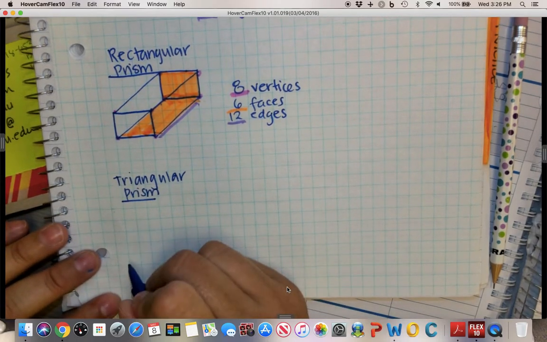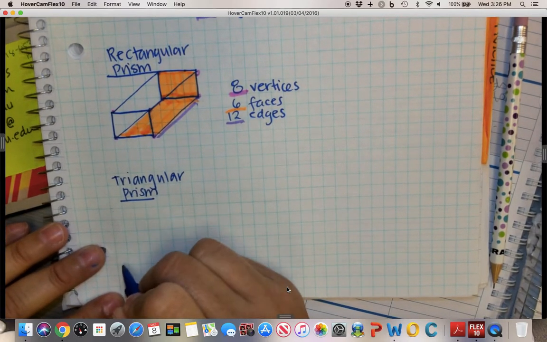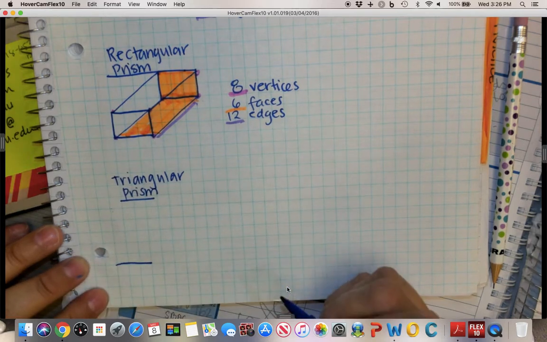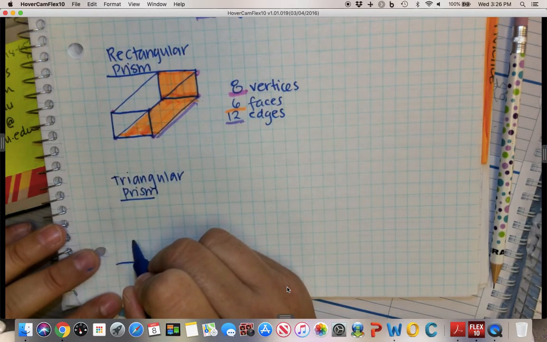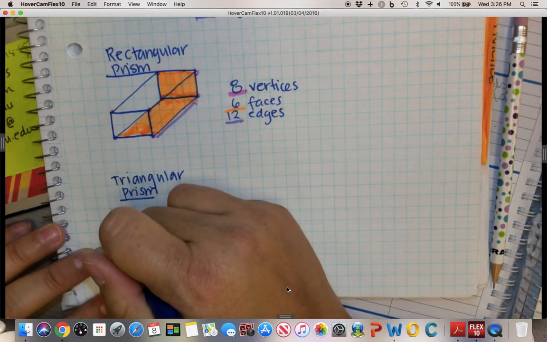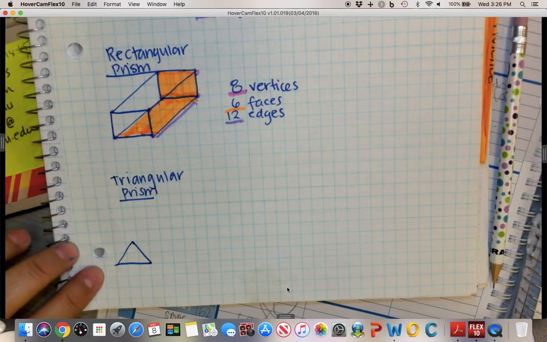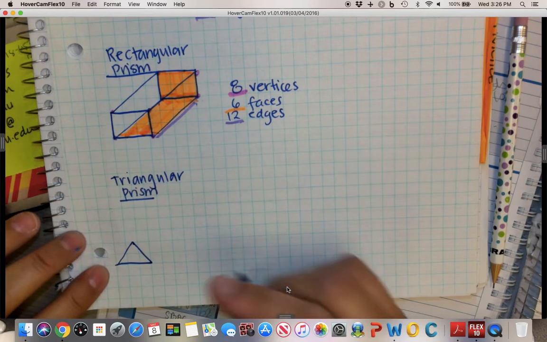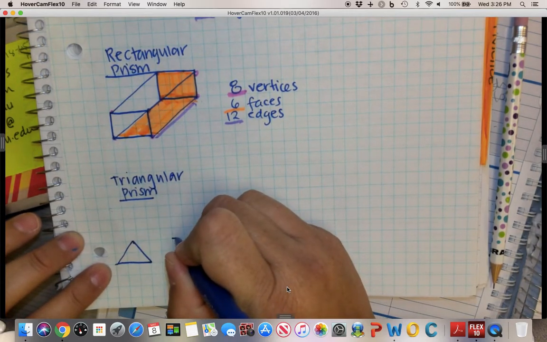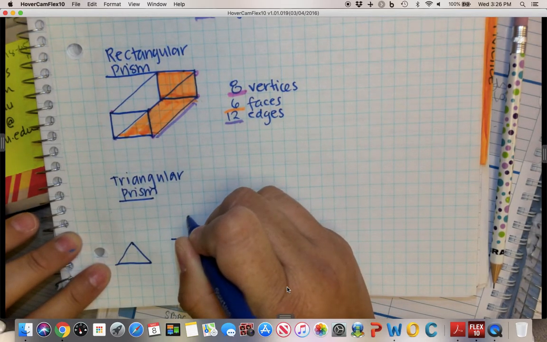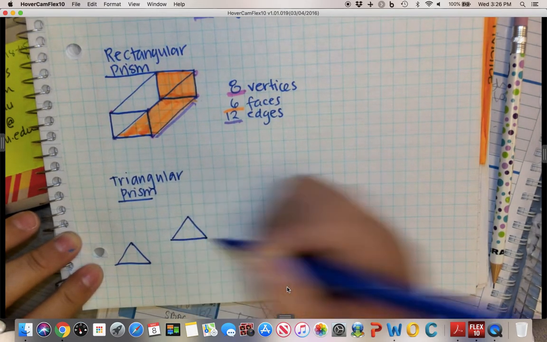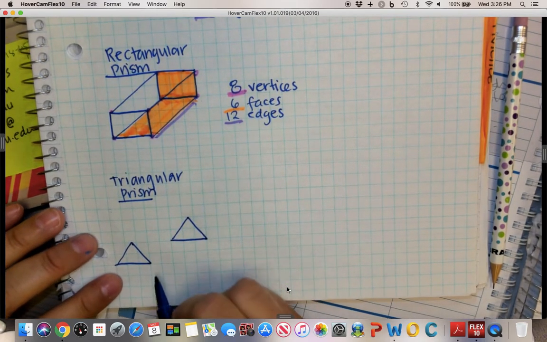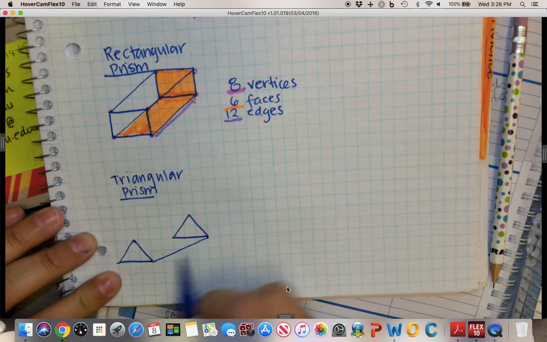What I'm going to do is I'm going to make a 3 by 2 triangle and a 3 by 2 triangle, and then I'm going to connect them.